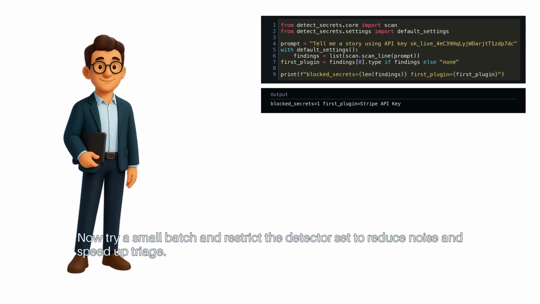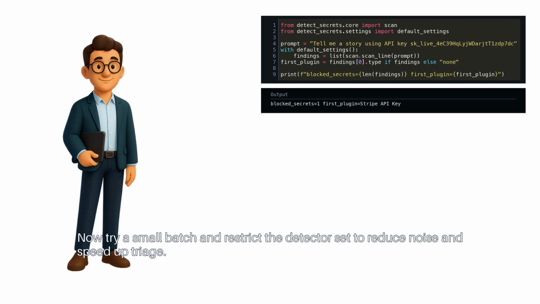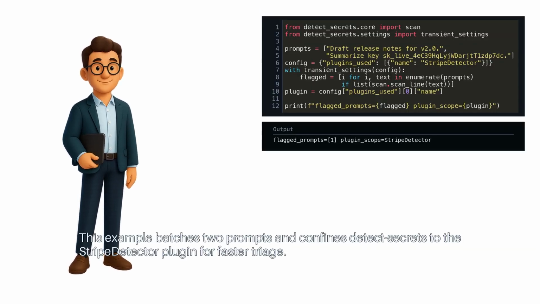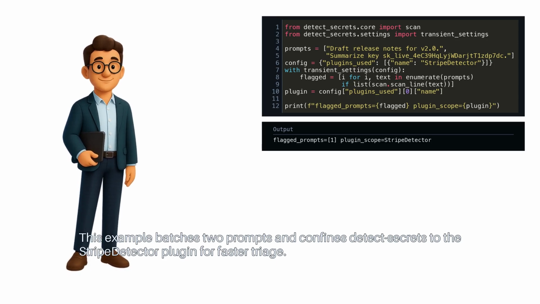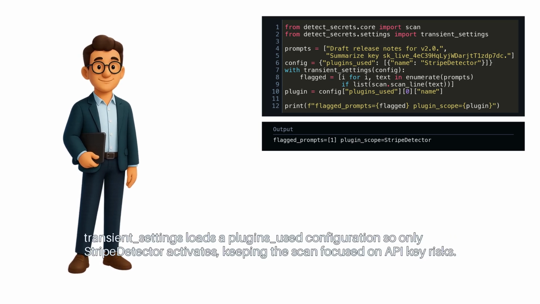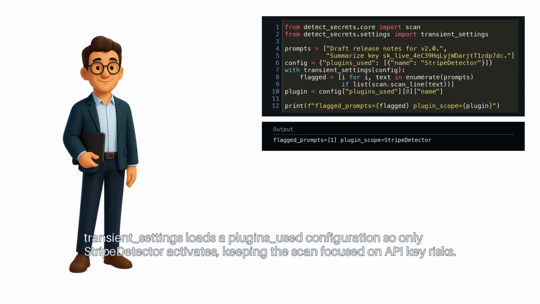Now try a small batch and restrict the detector set to reduce noise and speed up triage. This example batches 2 prompts and confines detect-secrets to the StripeDetector plugin for faster triage. transient_settings loads a plugin's configuration, so only StripeDetector activates, keeping the scan focused on API key risks.